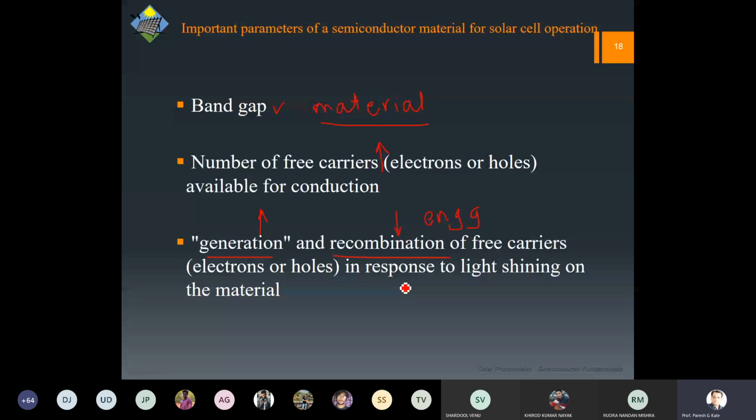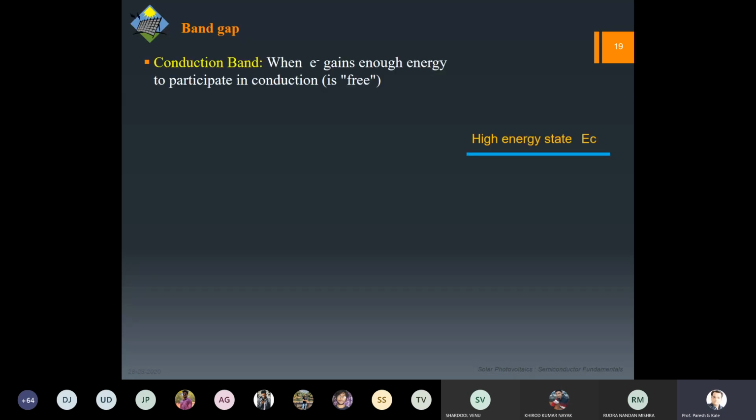So remember these points. From here onwards, at least in the solar cell chapter, this is what I'll always be referring to. Our ultimate goal will always be to work around these three things. So let us start talking about the first one, which is band gap.